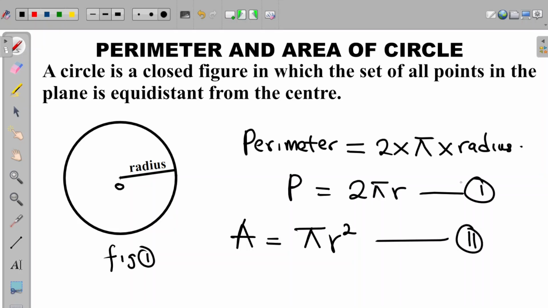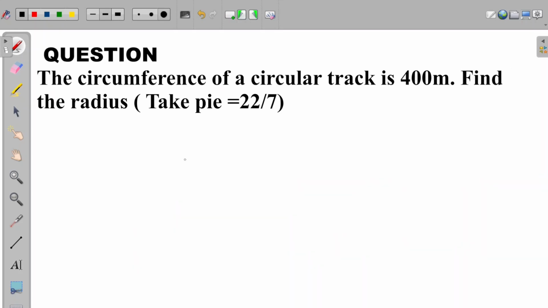So with equation 1 and equation 2, we can obtain the perimeter and the area of any given circle. We have the first question given to us. They said the circumference of a circular track is 400 meters. Find the radius. They said we should take pi as 22 divided by 7.